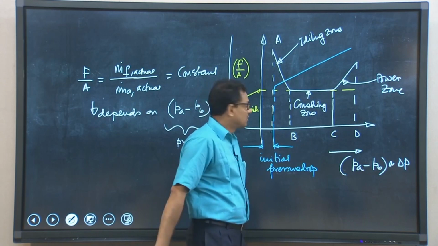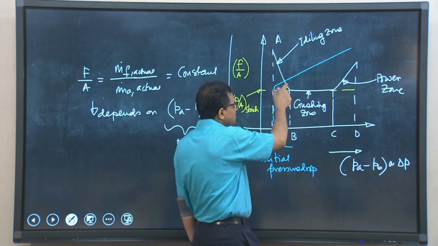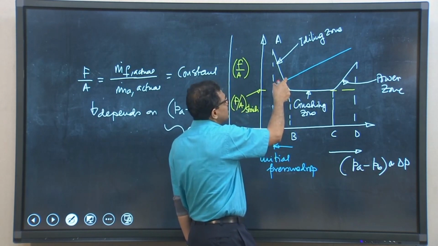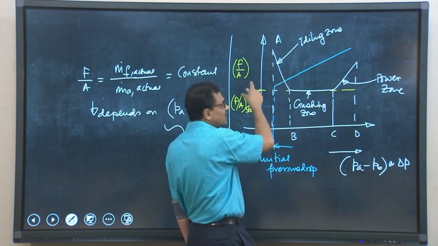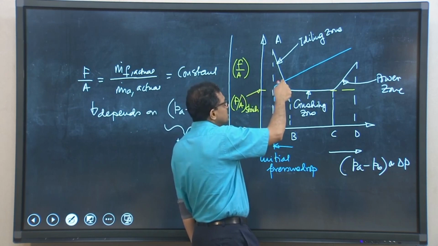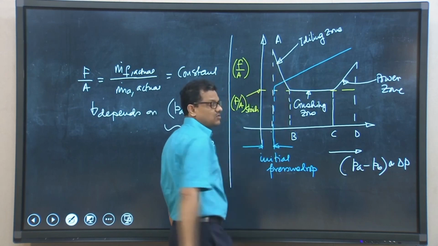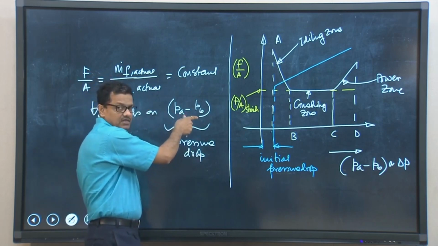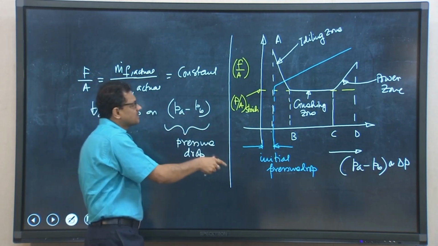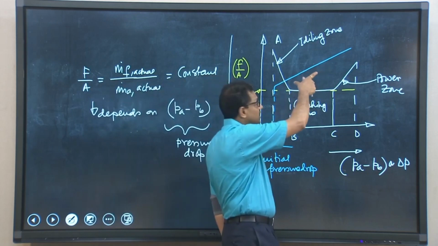to surface tension. So, if a simple float type carburetor is designed to supply air fuel mixture or fuel air mixture which is good enough for the idling zone, because it is a linear function of delta P, Pa minus Pb. So, if we increase Pa minus Pb, it will increase.